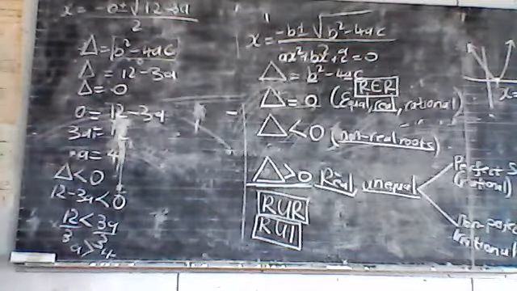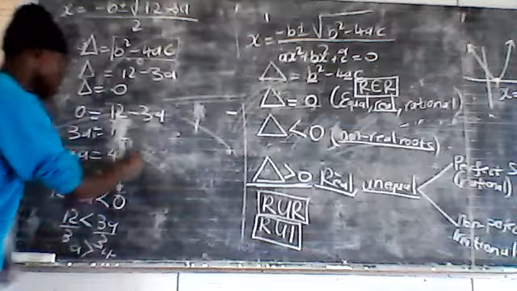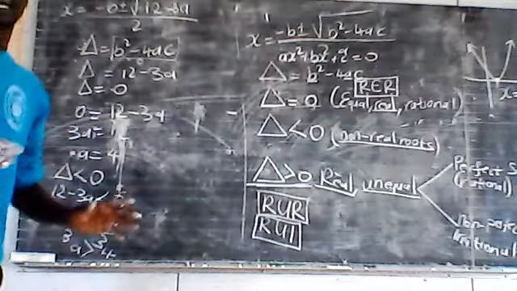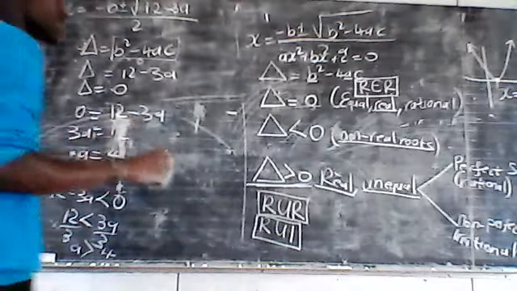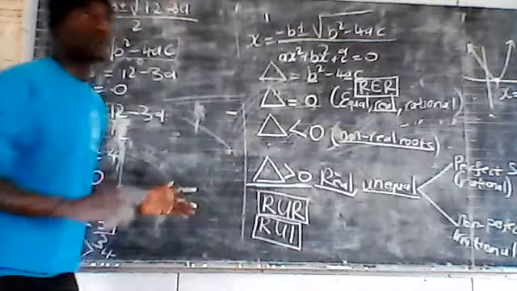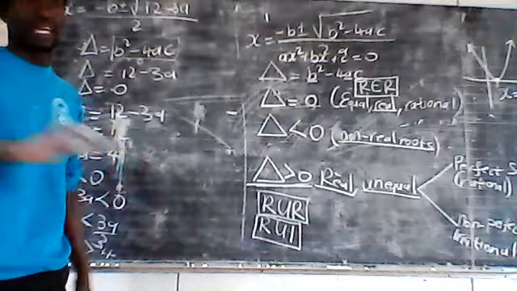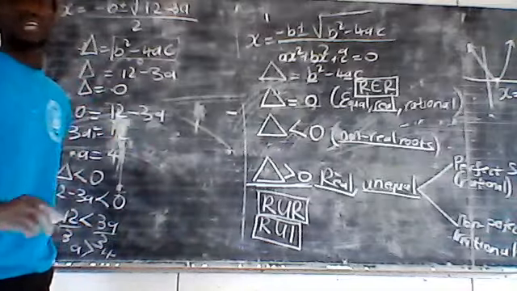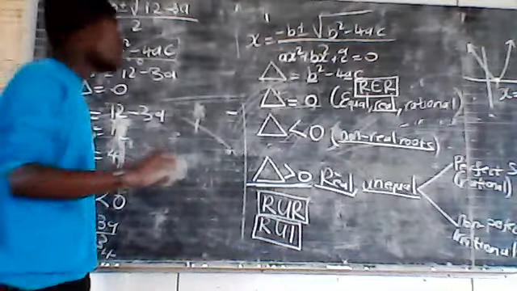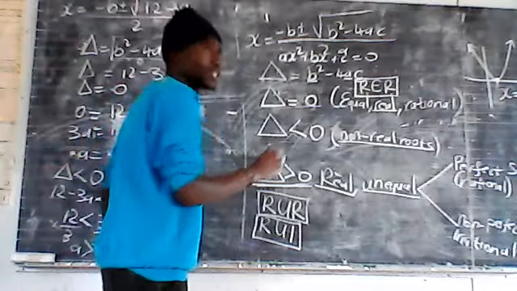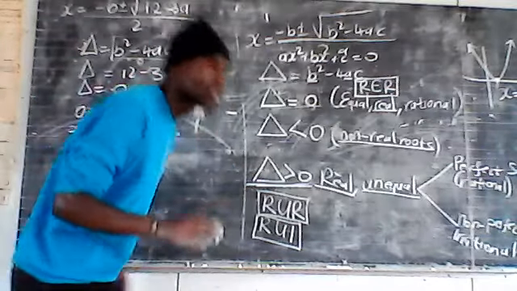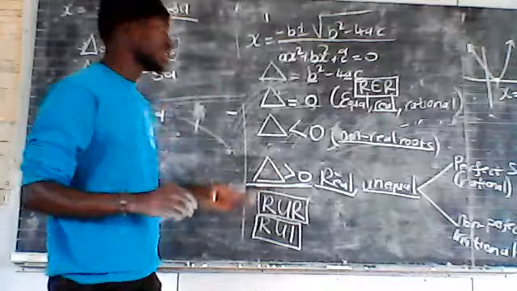So that is how we are going to be questioned. But there is a problem I'm specifically interested in: when they say determine the values of a for which the roots of that equation will be real. That sometimes puzzles other learners, but it's not something you should get stuck on.